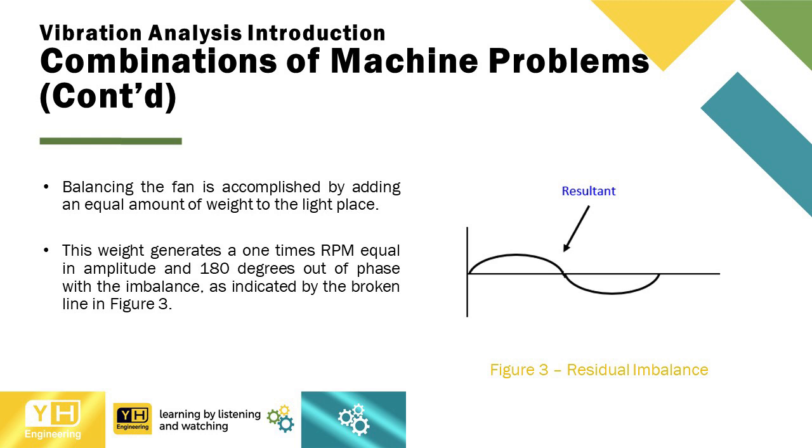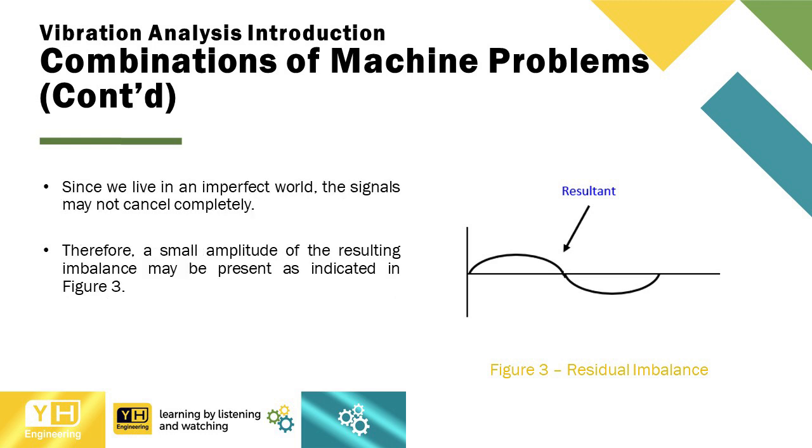This weight generates a 1 times RPM equal in amplitude and 180 degrees out of phase with the imbalance, as indicated by the broken line in Figure 3. Since we live in an imperfect world, the signals may not cancel completely. Therefore, a small amplitude of the resulting imbalance may be present as indicated in Figure 3.